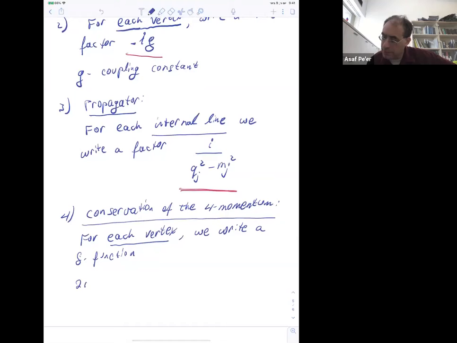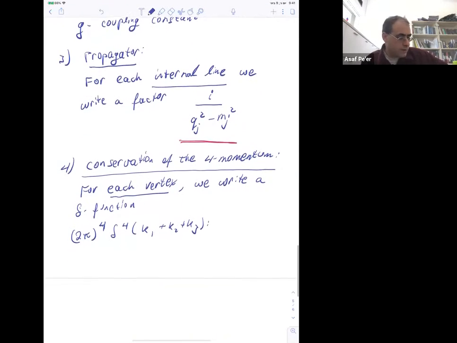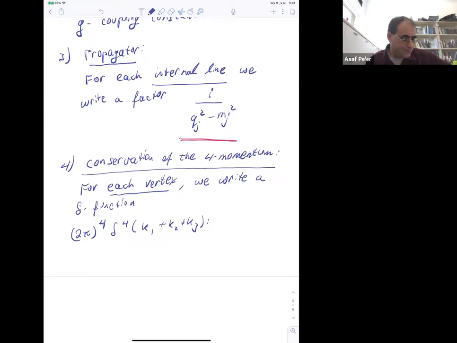So 2 pi to the 4 is notation, say delta 4 of k1 plus k2 plus k3. Now, ki represents the four-momenta of the particles entering the vertex.